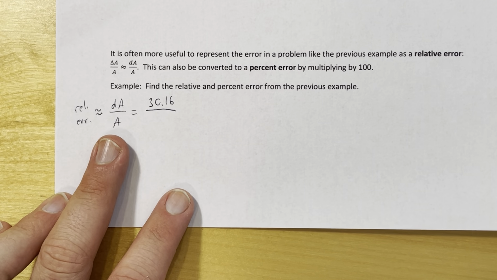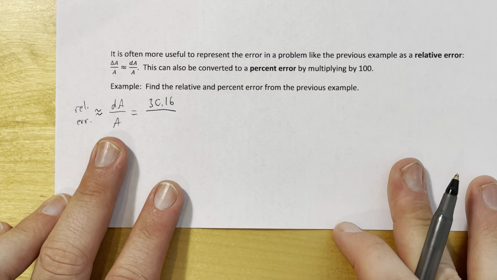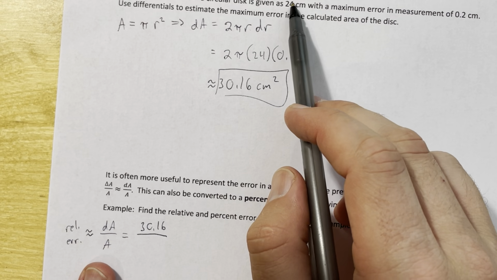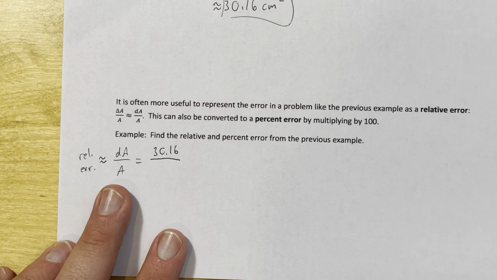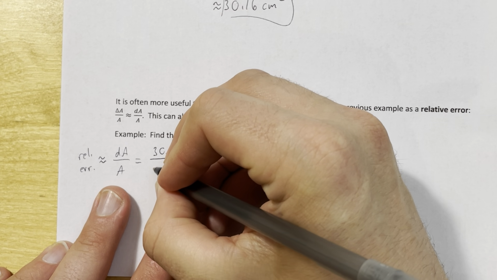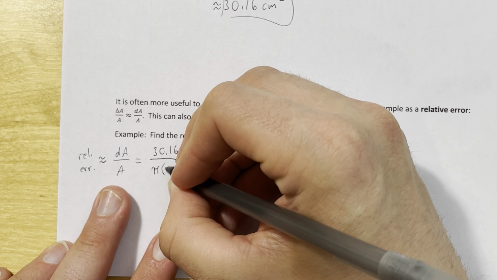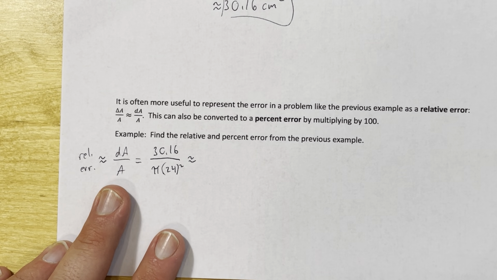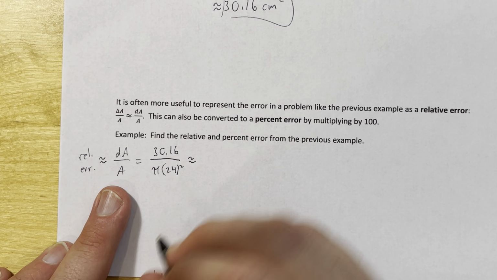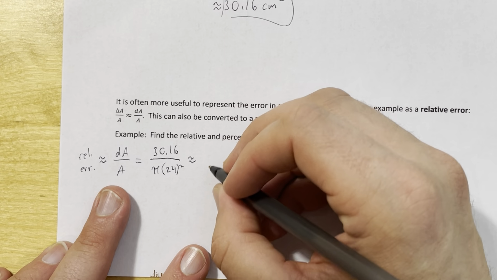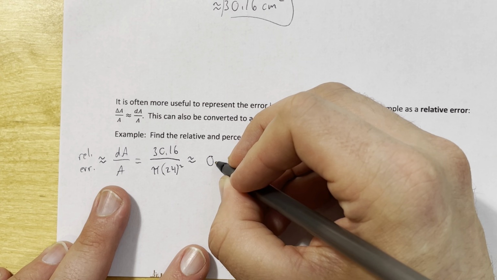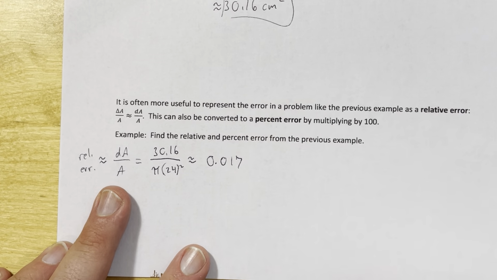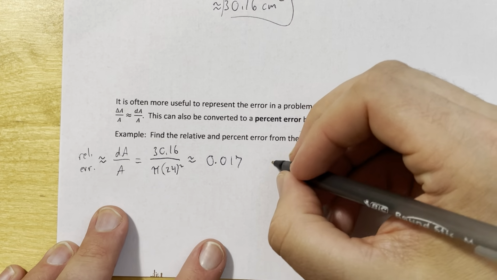What we're talking about is an area of the disk that has the correct radius, 24 centimeters. The area of that disk would be pi r squared, so 24 squared. Okay, that goes right into a calculator, and what we end up with here is approximately 0.017. That would be my relative error.